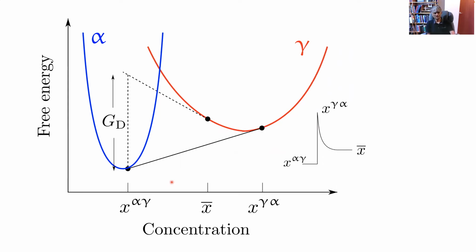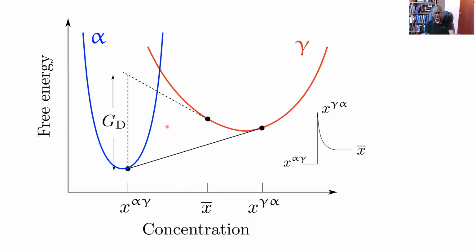So if you have diffusion-controlled growth and the compositions at the interface are given by a tie line here, then all of this free energy is dissipated in diffusion here. Okay. Now, of course, there will be other processes like interface and so on, but let's not worry about that at the moment.